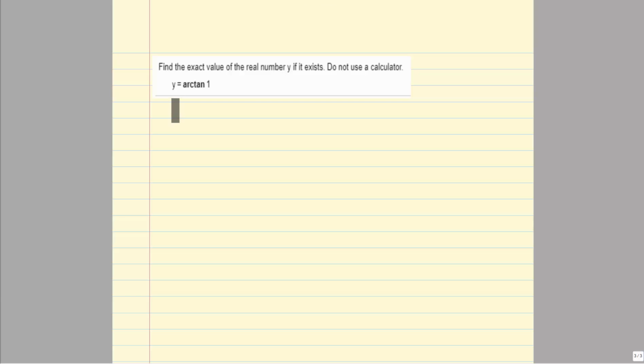So y equals arctan of 1. And just like I always said, always put parentheses around the arguments of your trig functions. Always put parentheses around the arguments of your inverse or your arc trig functions as well. So this means what angle in the interval from negative to positive pi over 2, no brackets here, has a tangent of 1.